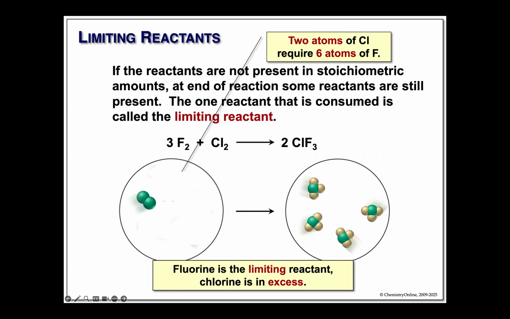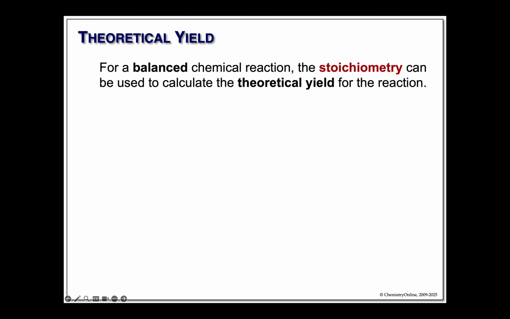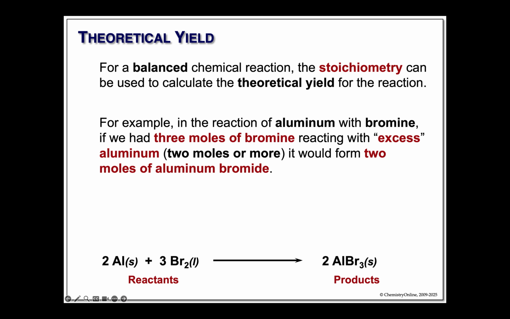All right, well, let's go and talk a little bit more about the concept of a yield. We said that the balanced equation gives a stoichiometry that defines the theoretical yield. For this guy again, 2 moles, 3 moles, 2 moles. If we had excess bromine or even excess aluminum, then the coefficient here would define the yield.